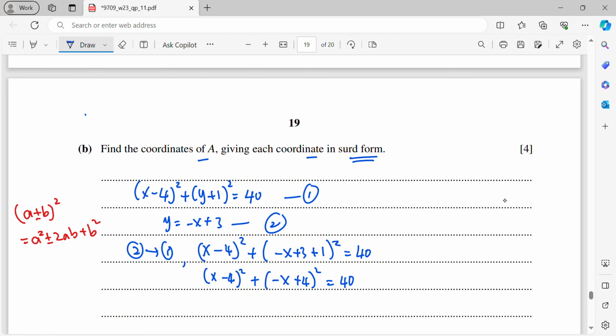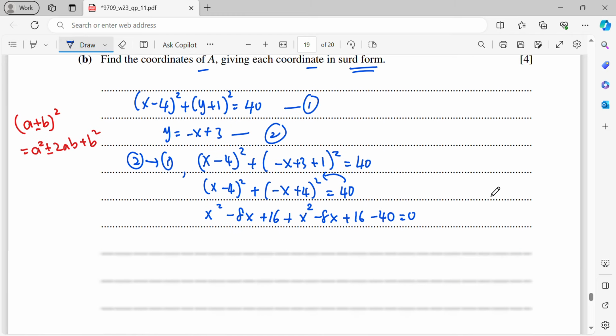Therefore, I will be getting x squared minus 8x plus 16, then plus another expansion, which is the same, x squared minus 8x plus 16 as well. Then move this 40 to the other side, negative 40 equals to 0. Both expansions will be the same.